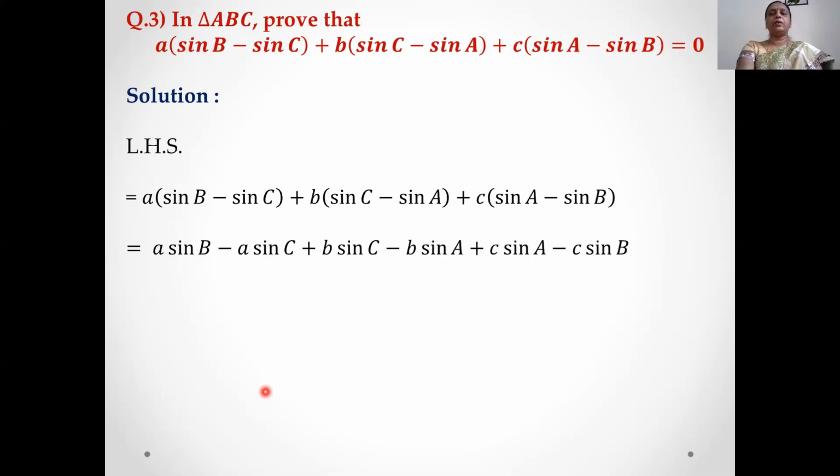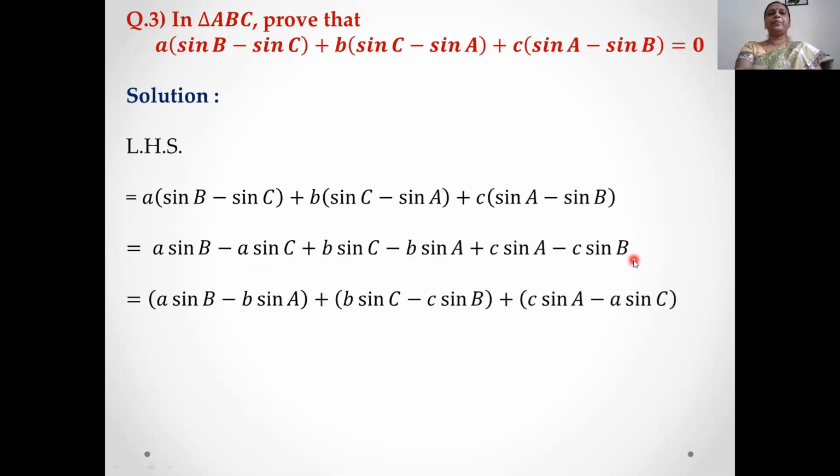After opening the bracket, we will get a sin B minus a sin C plus b sin C minus b sin A plus c sin A minus c sin B. Now you take this a sin B and minus b sin A in the first bracket.